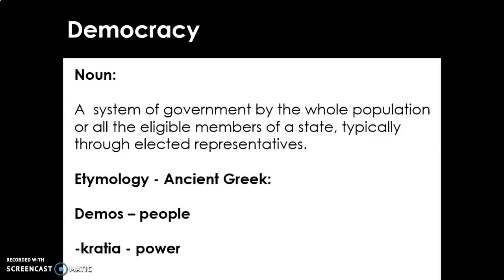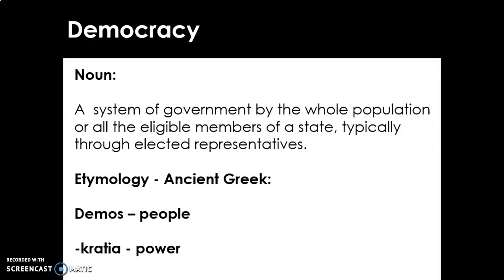It makes a distinction between, in some places, the whole population, where everybody can contribute to the democratic process, or eligible members of a state getting to contribute to the democratic process. So, in other words, if we're looking at the UK, our current democratic setup means that in order to be eligible to be a part of the democratic process, you have to be 18.